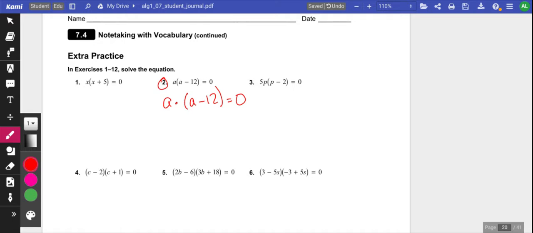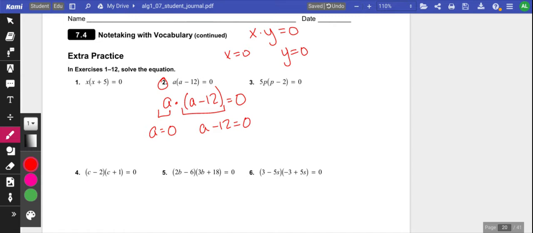So think about what I said before. If you have x times y and they equal 0, either x is 0 or y is 0. We're doing the exact same thing here, just with a little bit trickier math. You're saying I'm multiplying together a and a minus 12, so either a has to be 0 or a minus 12 has to be 0.